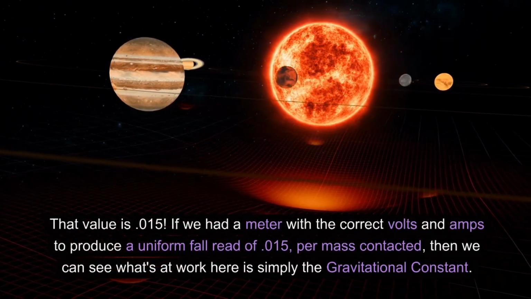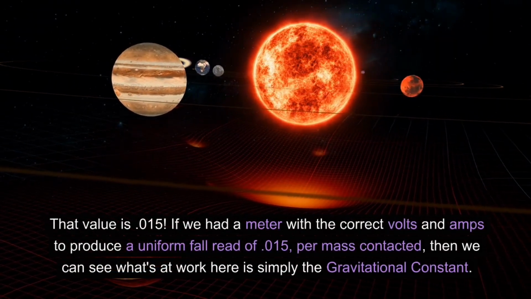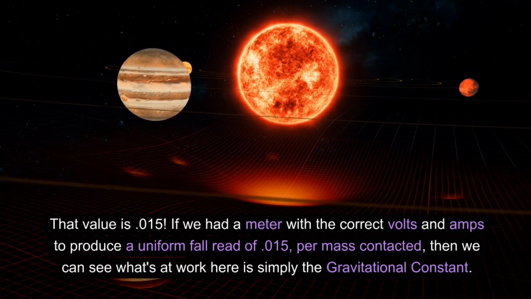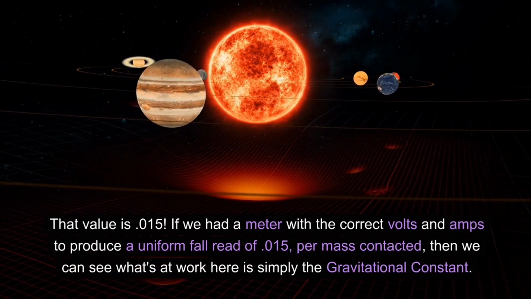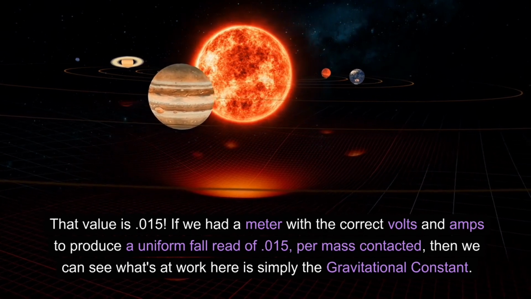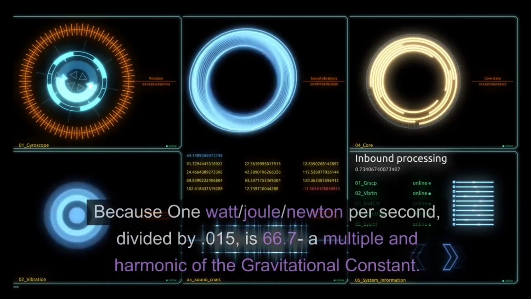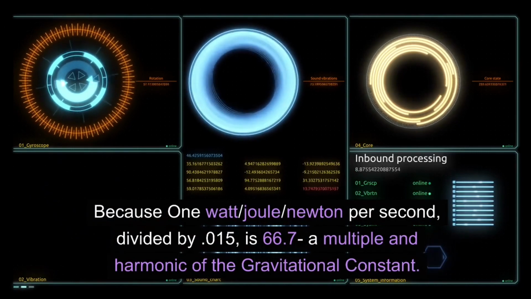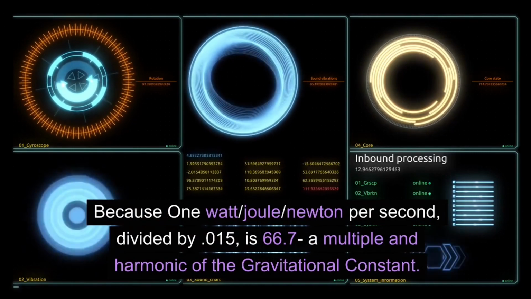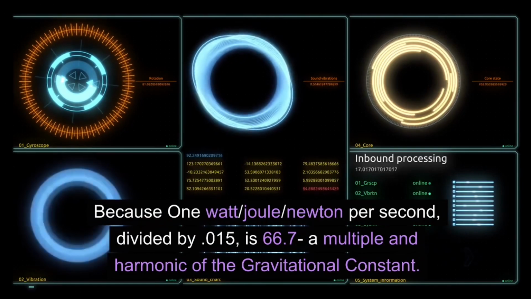That value is 0.015. If we had a meter with the correct volts and amps to produce a uniform full read of 0.015 per mass contacted, then we can see what's at work here is simply the gravitational constant. Because 1 watt, joule, newton per second, divided by 0.015, is 66.7, a multiple and harmonic of the gravitational constant.